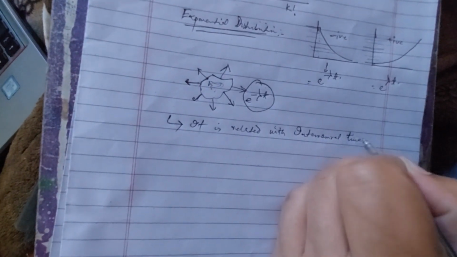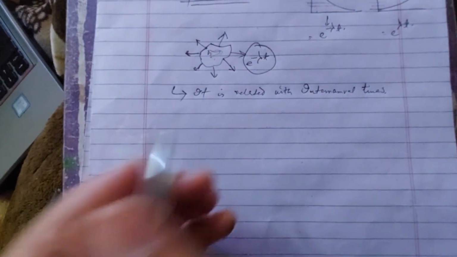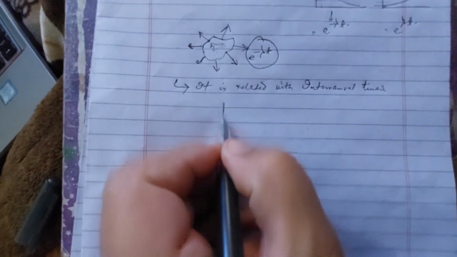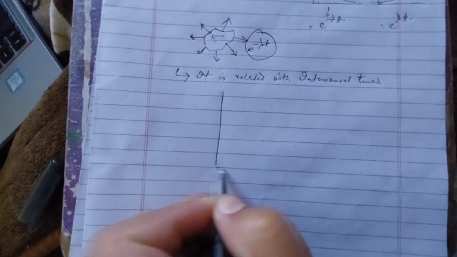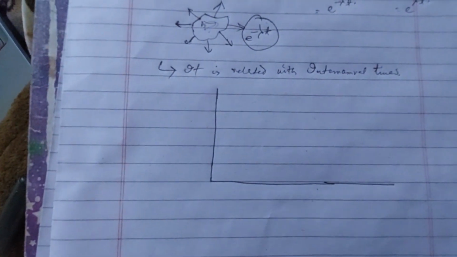For example, this is the graph of a Poisson process that is happening.